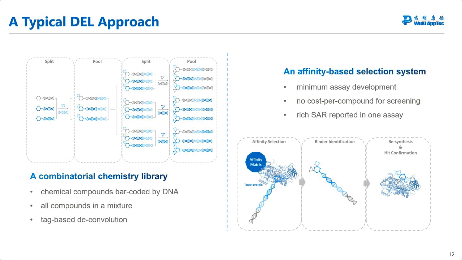And subsequently, we conduct PCR and employ next-generation sequencing to identify the DNA barcode sequences and align these sequences with their respective chemical structures. This method yields a wealth of SAR information, enabling the identification of compounds for off-DNA resynthesis and subsequent validation.